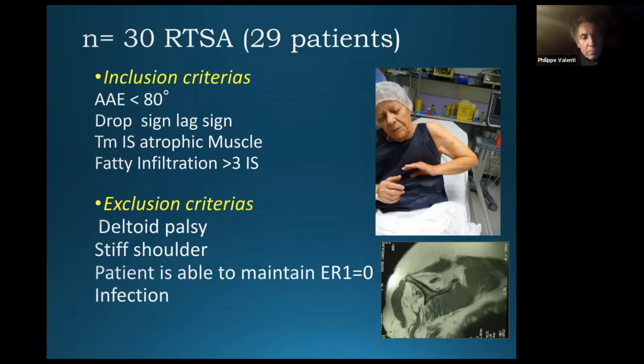Of course, we exclude it if you have deltoid palsy, because then you have to combine with a pectoralis major flap, or a stiff shoulder. But if you have a patient with external rotation in position 0, at 0 degrees, we prefer not to do a tendon transfer, because with lateralization, we can obtain a good external rotation.